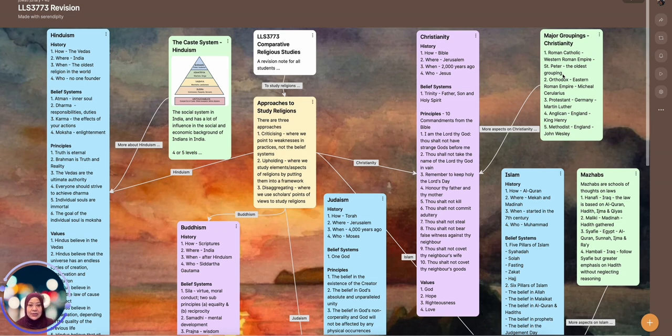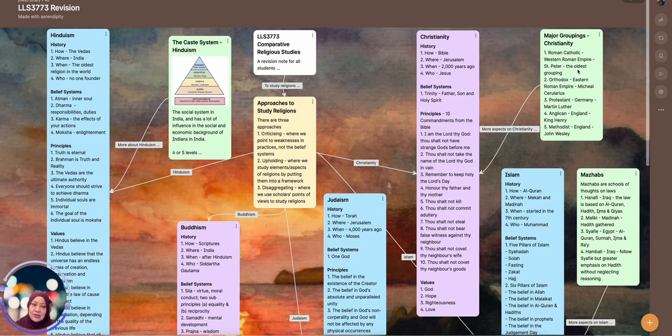St. Peter is actually the church, and this is the oldest grouping. Roman Catholic, origin, Western Roman Empire. The place itself, Vatican City. You can just say Vatican City, or very specifically St. Peter Church, and this is the oldest grouping.